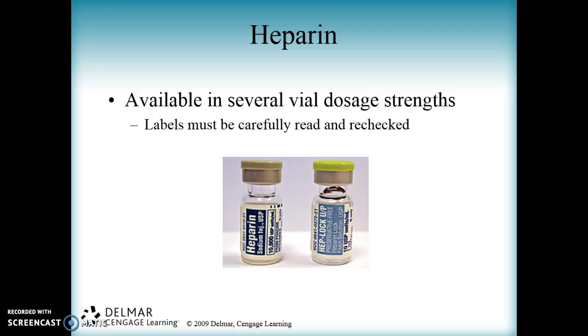And when you look at the strengths, again, if you're not paying careful attention to this, it can be very detrimental to the patient. Because, of course, once you start this process of thinning the blood or preventing clotting of the blood, it's very difficult to reverse. So, again, it's one of those drugs we really have to be careful with.